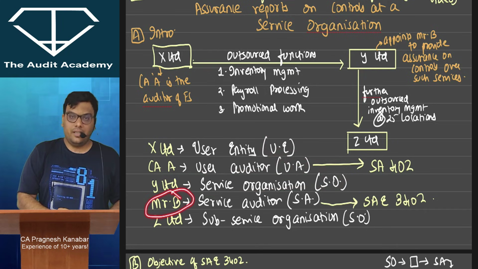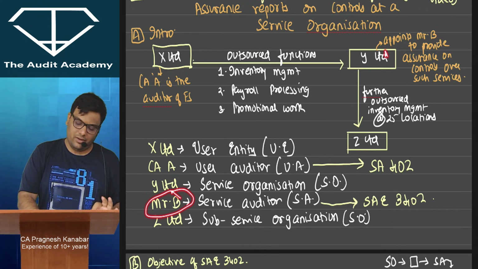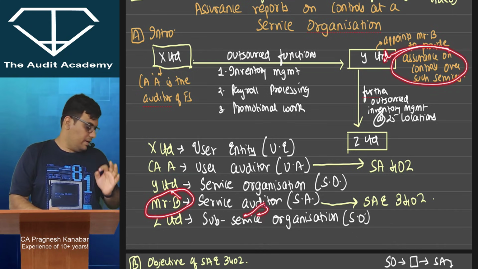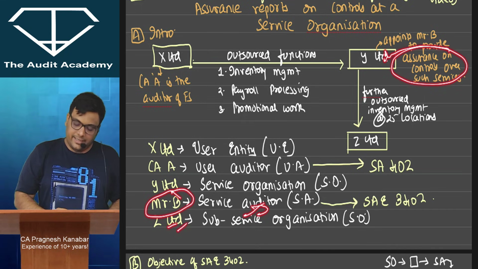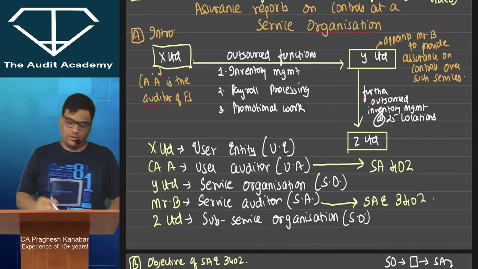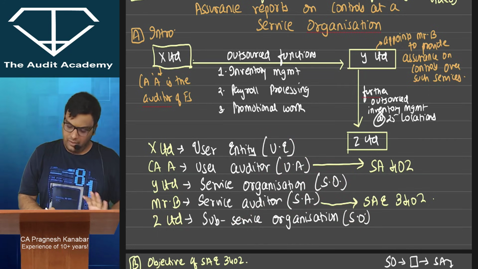Mr. B is the service auditor because he has been appointed by Y Limited, but let me tell you, he is not the stat auditor. He is here to give assurance on controls over such services, so he will be called as service auditor. And Z Limited, just like subcontractor, he will be called as sub-service organization. So I'm going to use these acronyms over here when I'm writing my notes. All right.